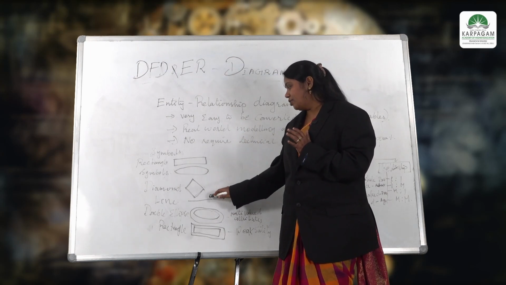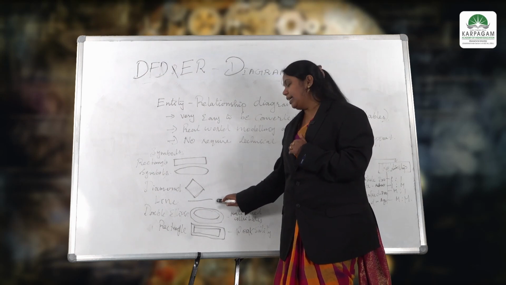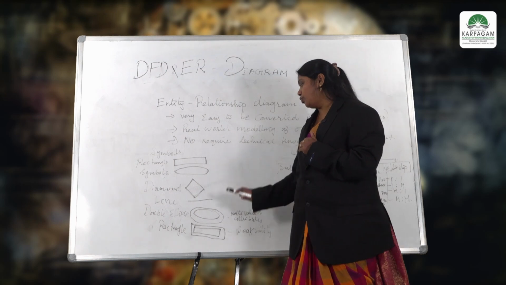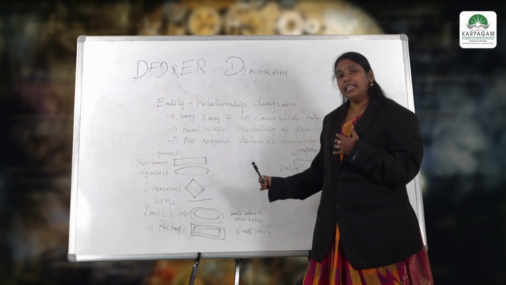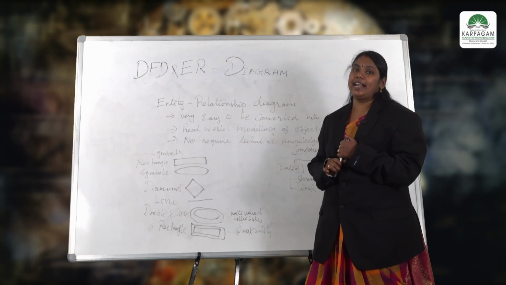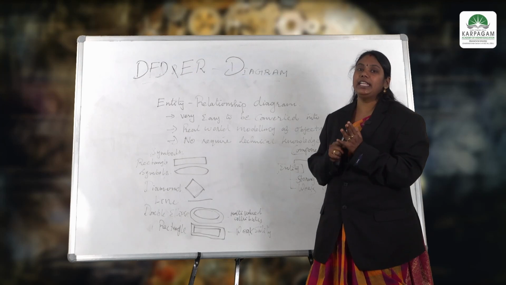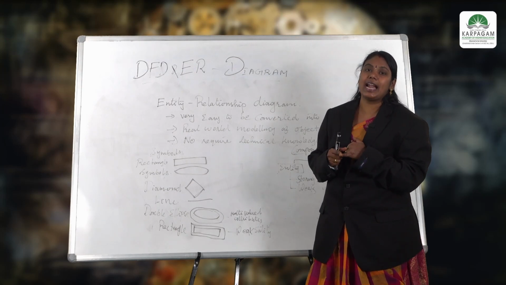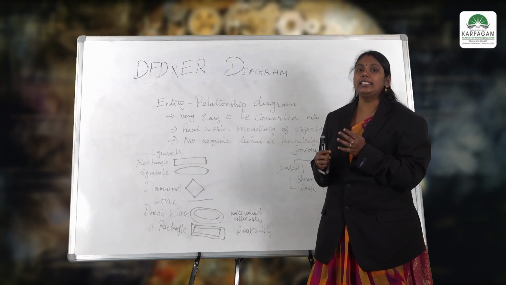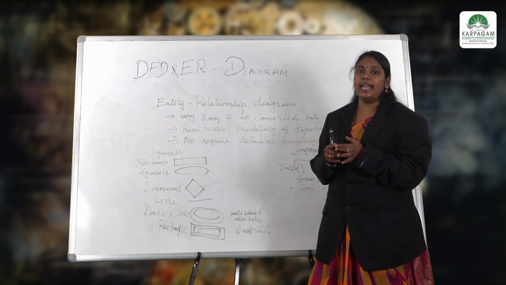For data sharing, we usually use lines, that is arrow marks, single lines, and multi-valued lines. The double ellipse is used for multi-valued attributes. For example, we need only one attribute, address, but it is separated into fields: street number, street name, city, state, zip code.